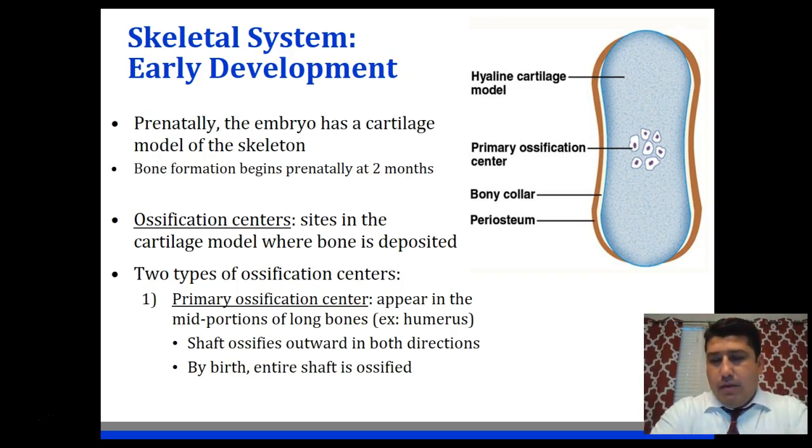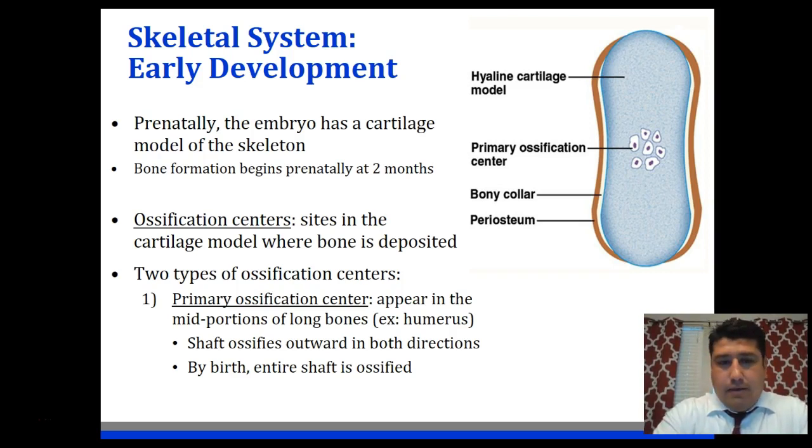When we look at the formation of bone, typically we look at long bones. Now we can look at flat bones and sesamoid bones and other types of bones, but really the easiest way to learn about bone formation is looking at long bones. You can see from the picture here, this is an example of what could be either a femur or a humerus, maybe a tibia, any of the long bones in the body.